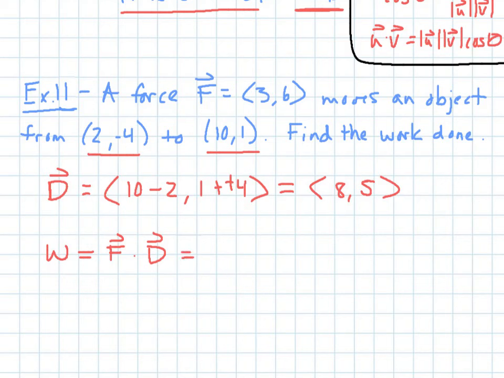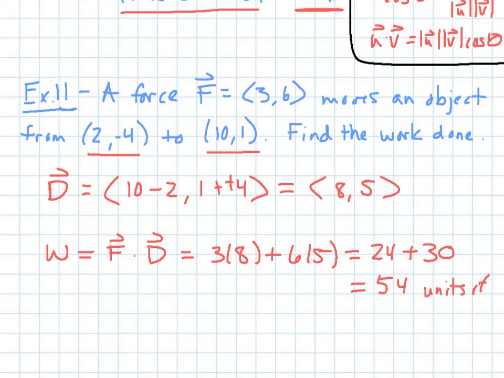So then now I get 3 times 8, and then plus 6 times 5. So it gives me 24 plus 30, which gives me 54. And here we don't really have any labels either, so one way we can describe it is units of work. Okay? Because usually we have like foot-pounds or something like that.